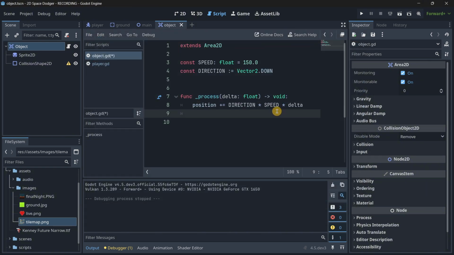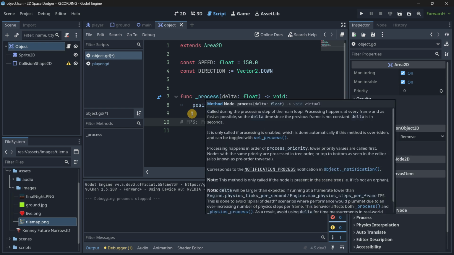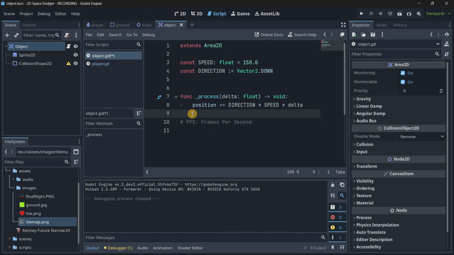So what is actually going on here? And here comes the important explanation on why this is important. Games run at a certain FPS, or frames per second, and what happens is that these process functions are called at every frame, okay? And maybe you know that PCs run at very different frames per second.